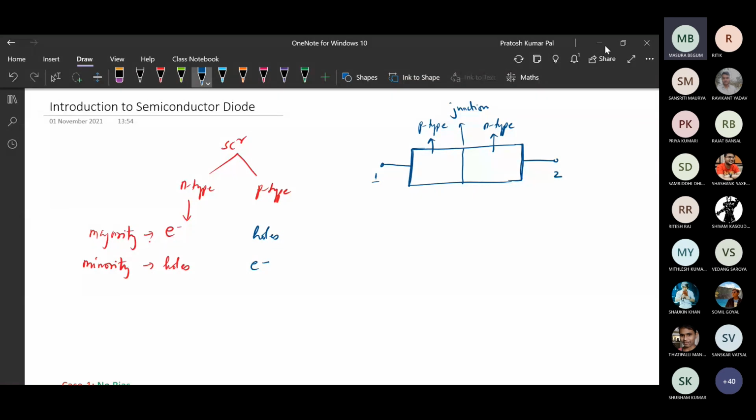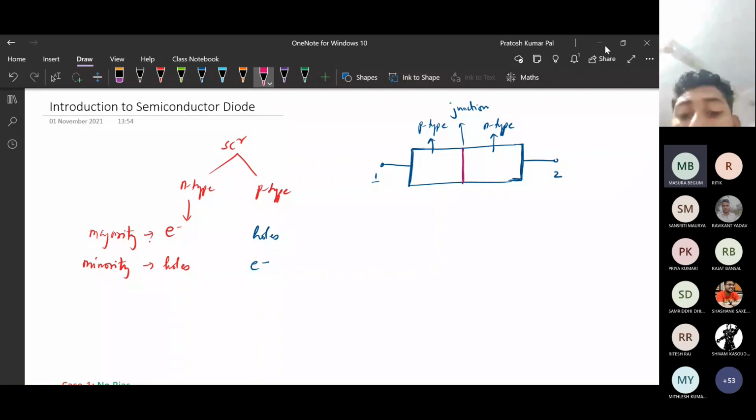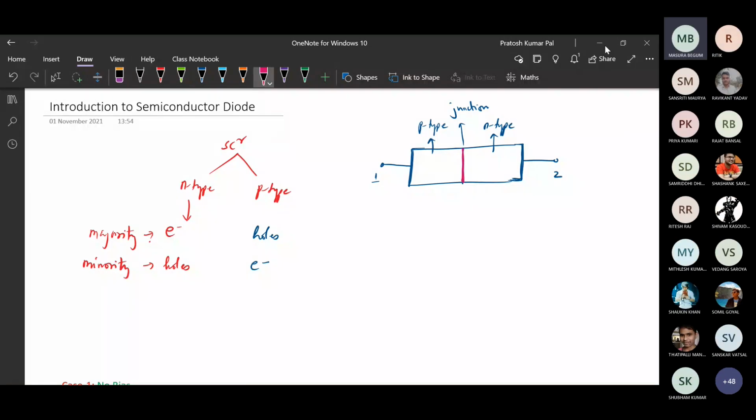So these are the two contact points. The junction is where these two materials have joined with each other.